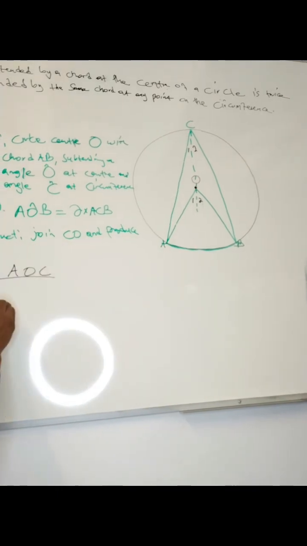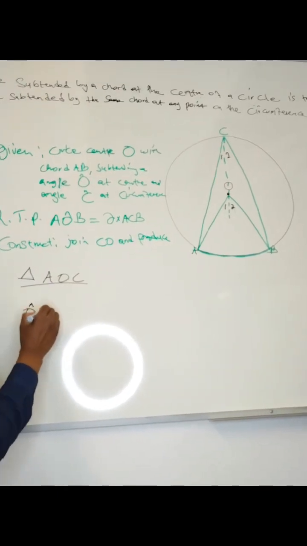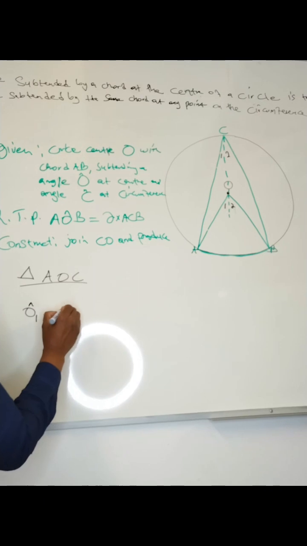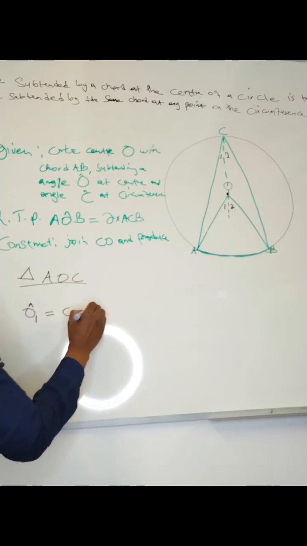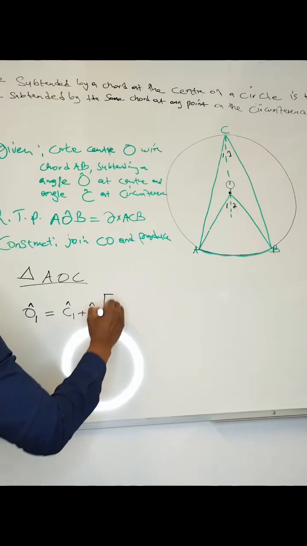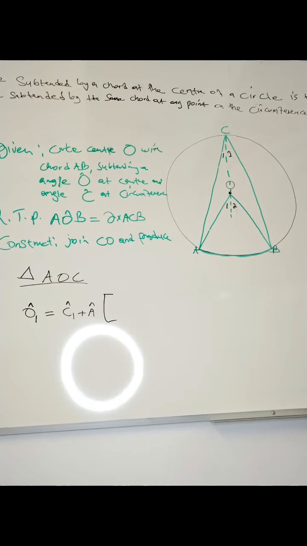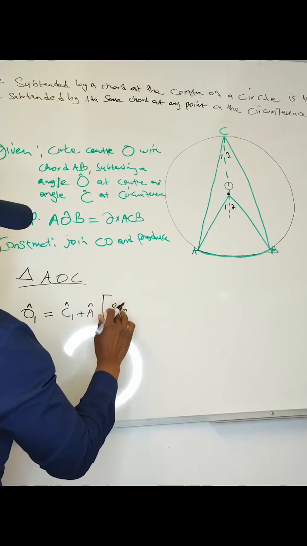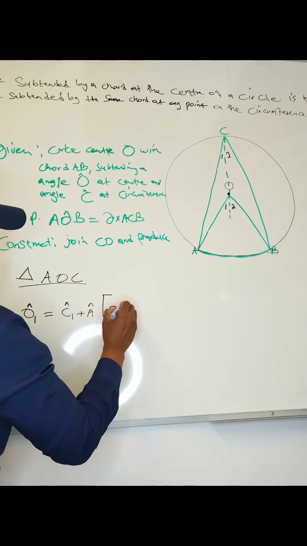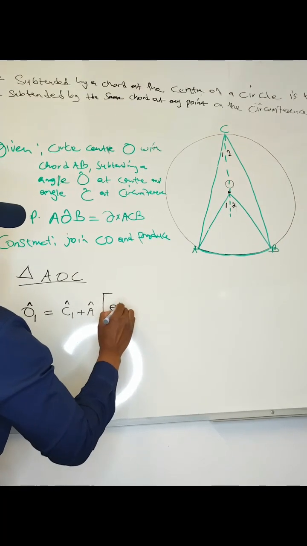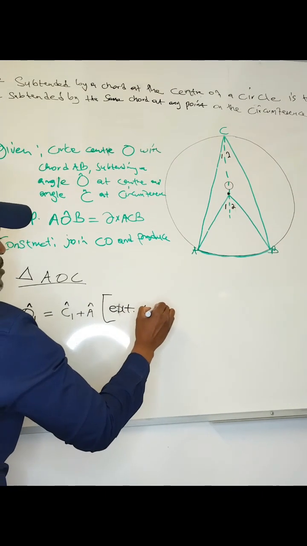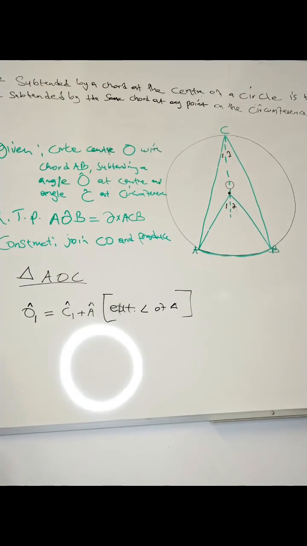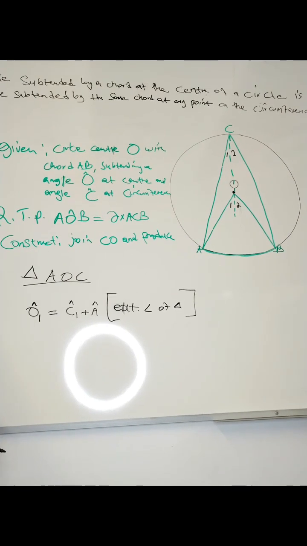So we are going to say angle O1 is equal to angle C1 plus angle A. What is the reason? You can say exterior angle of a triangle. If you have written like this, you will get full marks.